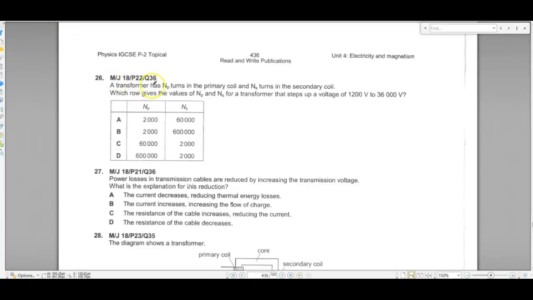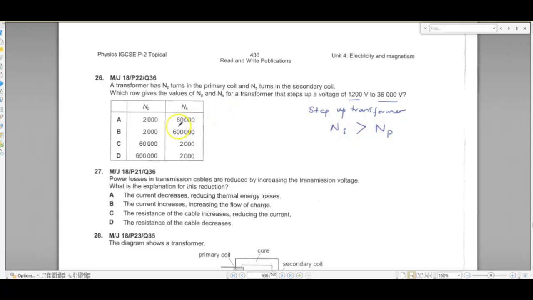Question number 26. A transformer has NP turns in the primary coil and NS turns in the secondary coil. Which row gives the values of NP and NS for a transformer that steps up a voltage of 1200 volts to 36,000 volts? If this is a step up transformer, we know that the number of turns on the secondary side is going to be greater than the number of turns on the primary side.